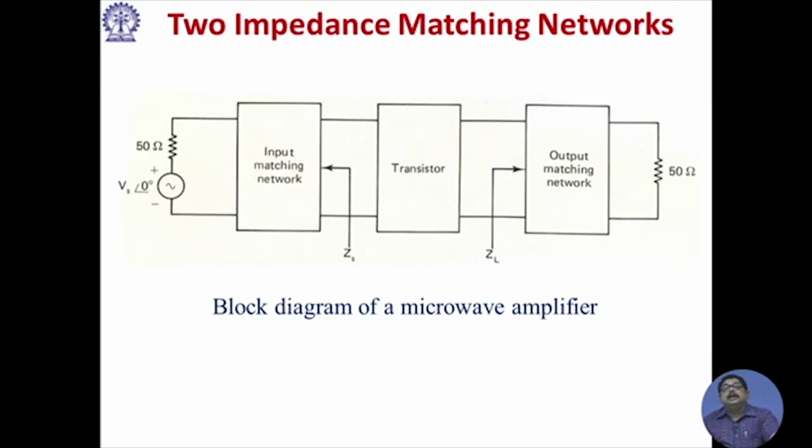Now, generally if you want to have an amplifier, at that time instead of one impedance matching network, you can also have two impedance matching networks, because in a transistor there is a linkage between input and output. That is why one single impedance matching network cannot always make the whole impedance matching.